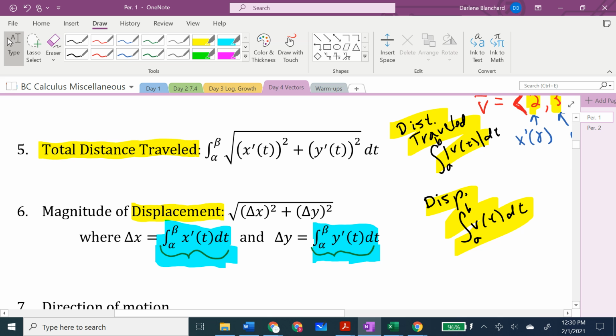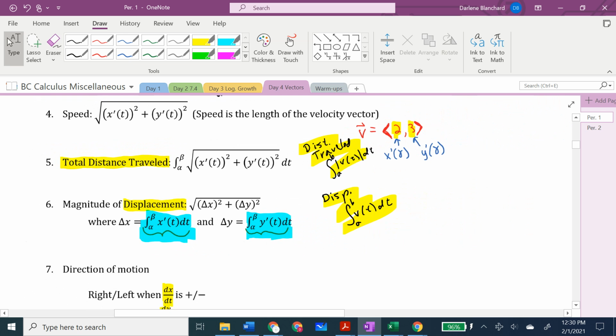And what I have here as a list are the key things you need to know about vector motion problems. It's all you really need to know for the AP exam.